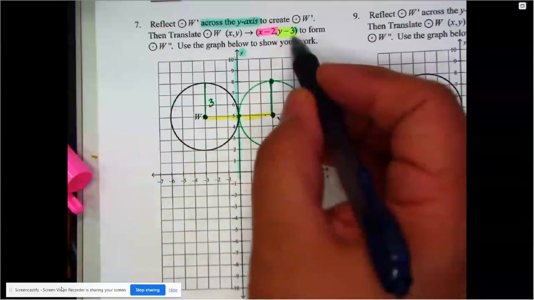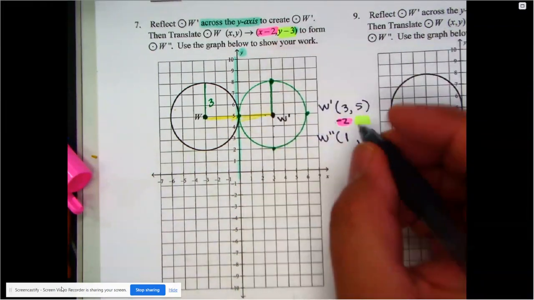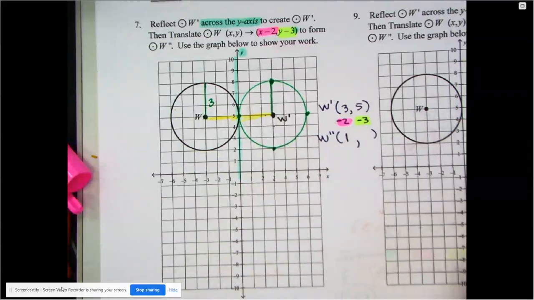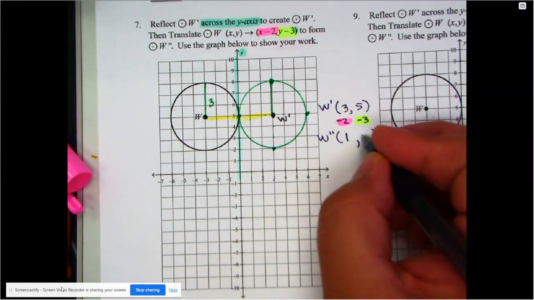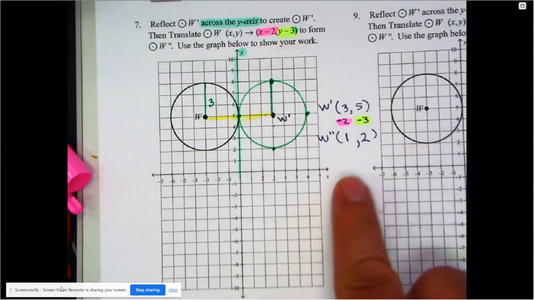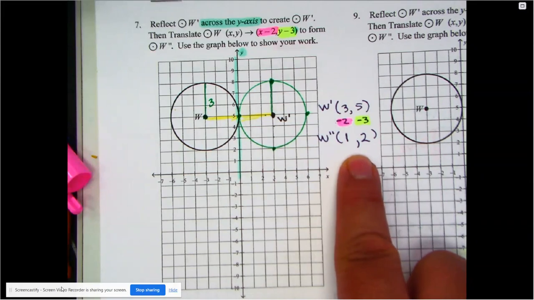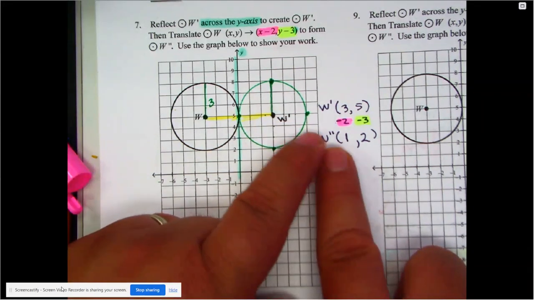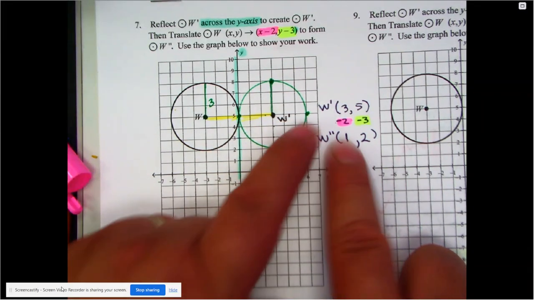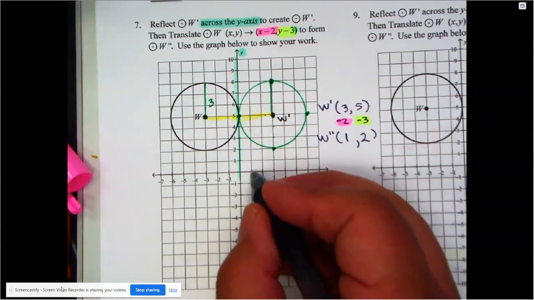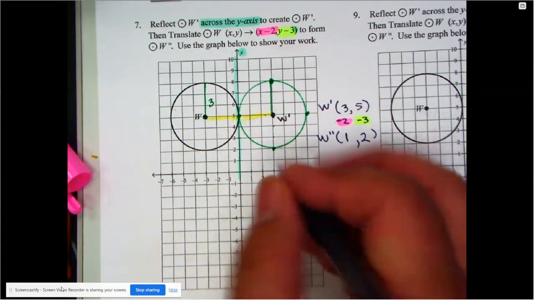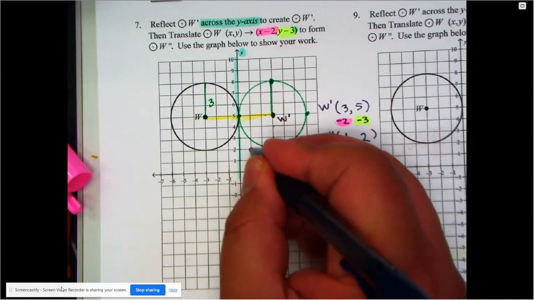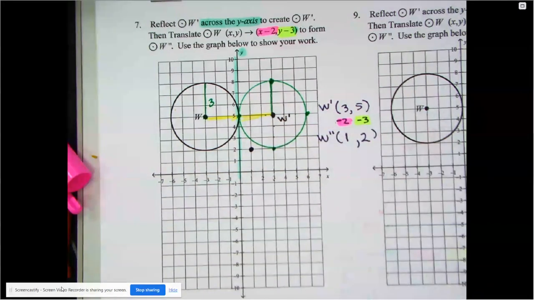For my y, it says y minus 3. Take away the 3 then. 5 take away 3 is 2. There's the new location for my circle that's going to be called W double prime. So I go to 1, 2. All right, it's going to get a little messy here. 1, 2. There it is.